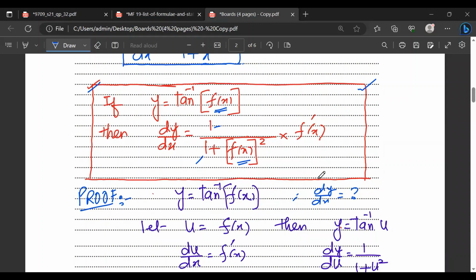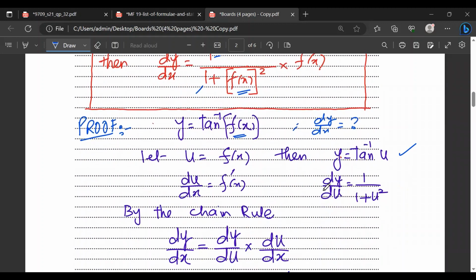Then obviously if u is equal to f(x), y would be tan inverse of u. After writing u as f(x), you can differentiate both. du by dx is f dash of x, we know, and the differentiation of tan inverse of u with respect to u is 1 over 1 plus u square.